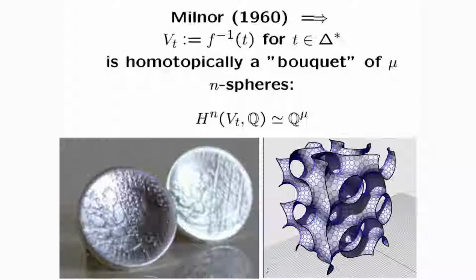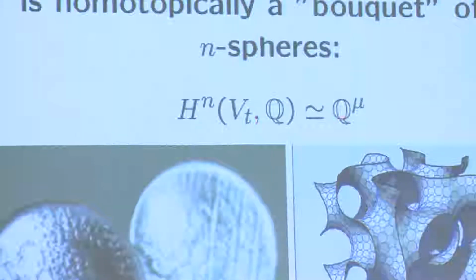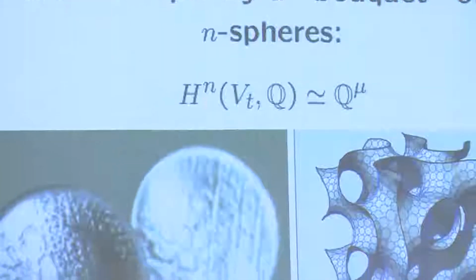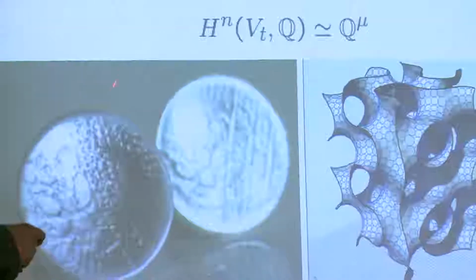So this is a 2n-dimensional manifold, which is a bouquet of mu n-spheres. Bouquet means that these are just spheres which are held together by a common point. So what you can see in this description is that the only cohomology group which is non-trivial and interesting is Hn. H0, which is 1, but Hn.